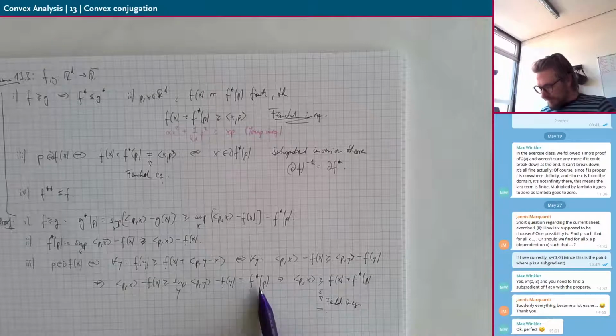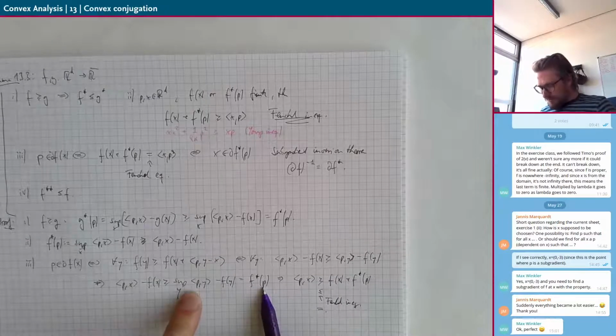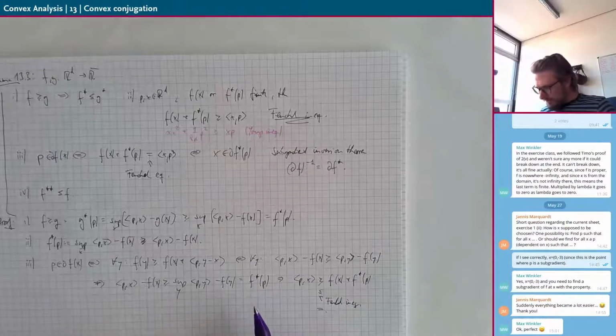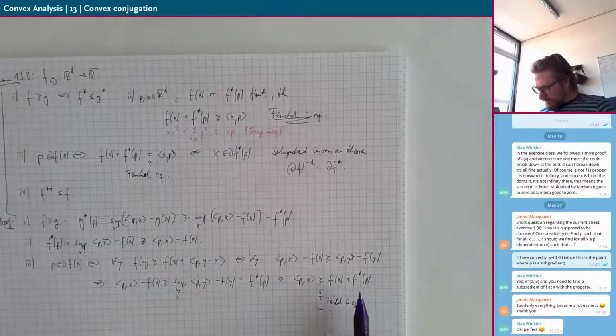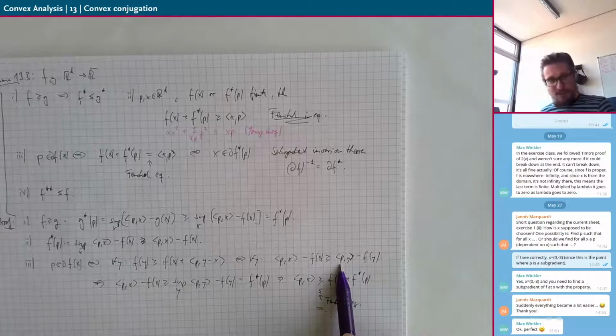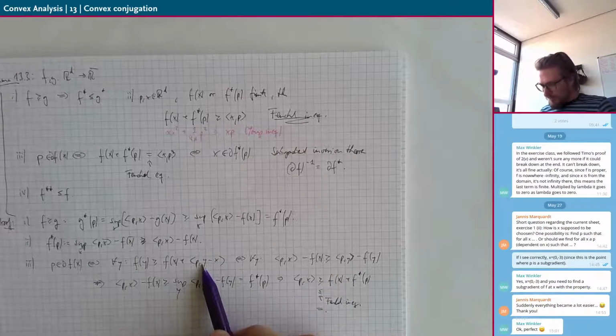So if we start with f star, it's like this. It works both ways. If you have equality here, you plug in the definition of the conjugate. You end up here by taking a particular point y. So it holds for every y.